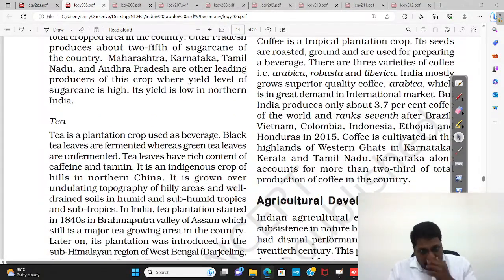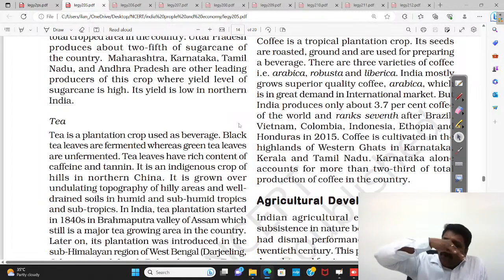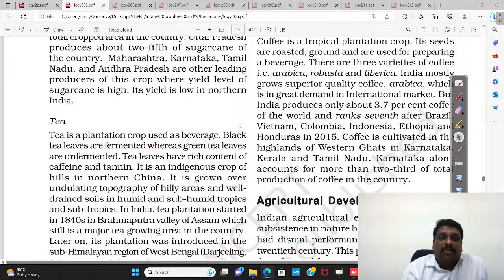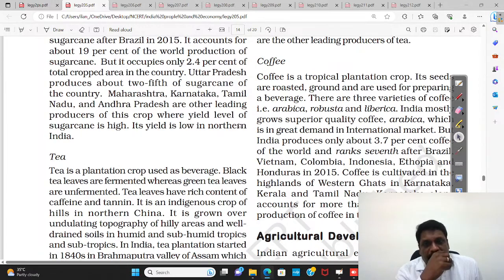If you take a close look, if it is not hot and humid, at least it is subhumid. Only in the Piedmont, the lower locations of a mountain, will I have tea and coffee, because for both, frost is injurious. That's the reason a place where the condition is very cold, they will not go for it.